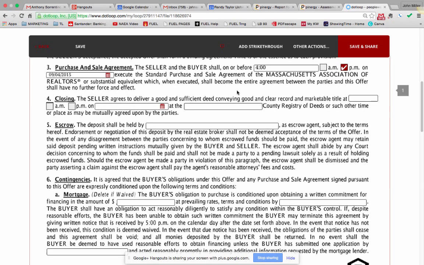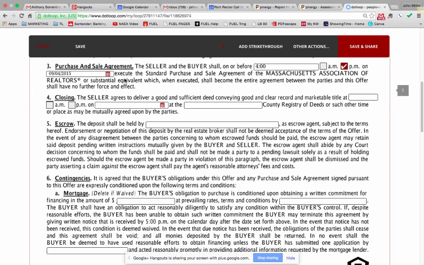But you want to press the issue and make sure you get this signed in time, because if the property is being financed, the lender will not send the appraiser out to the property until you have the purchase and sale signed. The appraiser wants to see a copy of this purchase and sale agreement before they will do their appraisal. So that's why we need that to move forward.